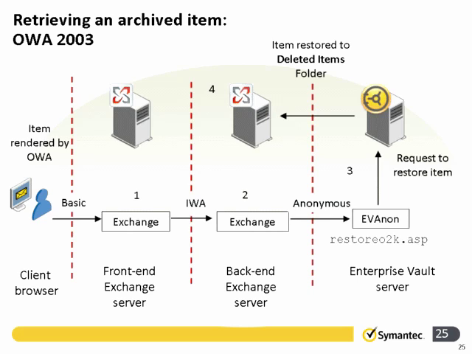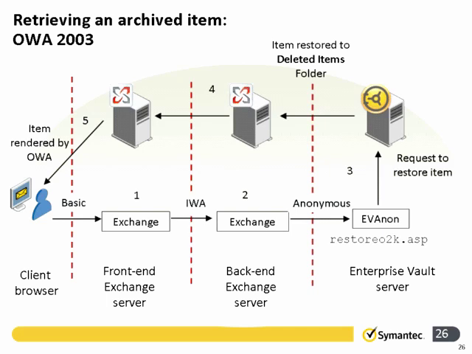Then the Outlook Web Access process will render that particular item from the deleted items folder to the end user so that they can then view that item. Now, when the user closes that particular item that they've opened or retrieved from Enterprise Vault, it'll immediately be deleted from the deleted items folder on the back-end Exchange server.